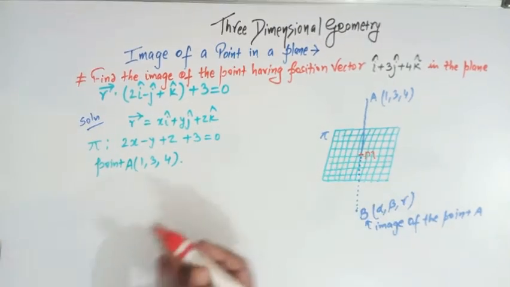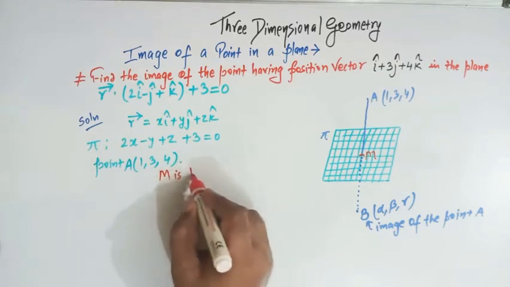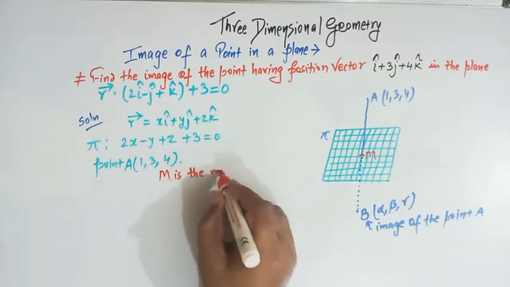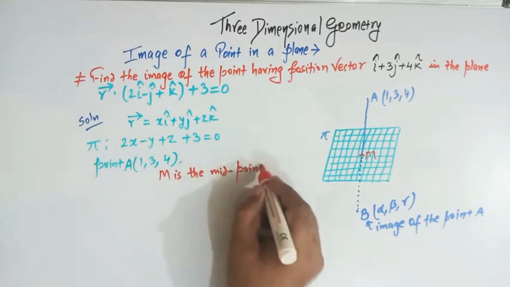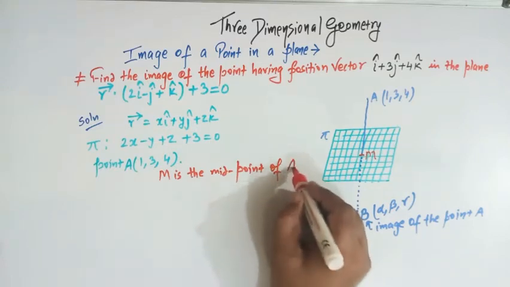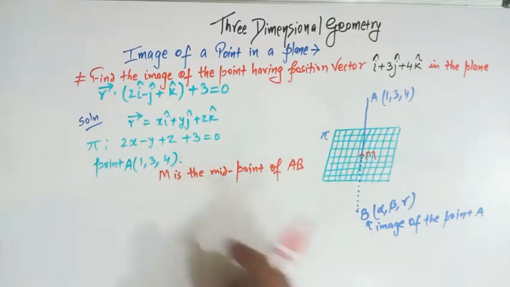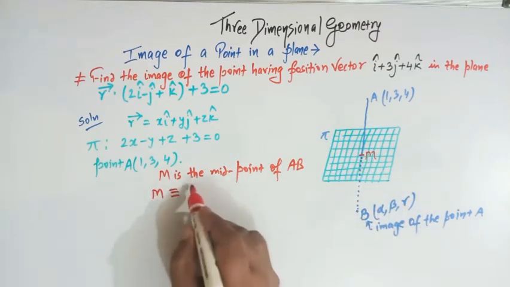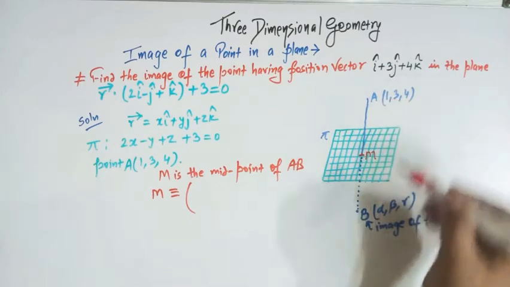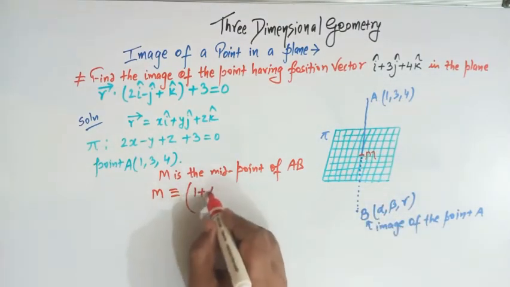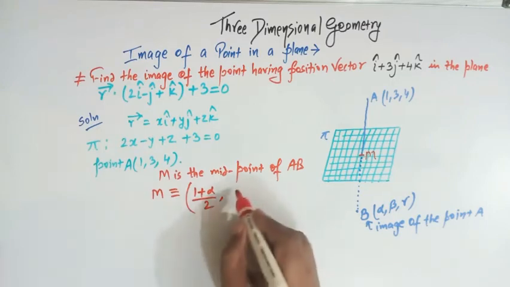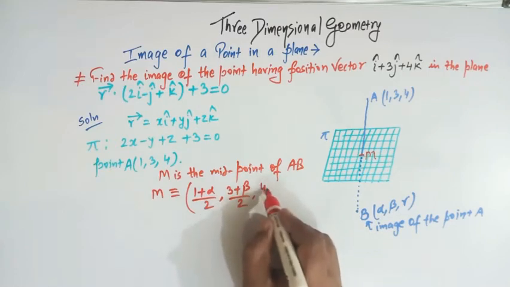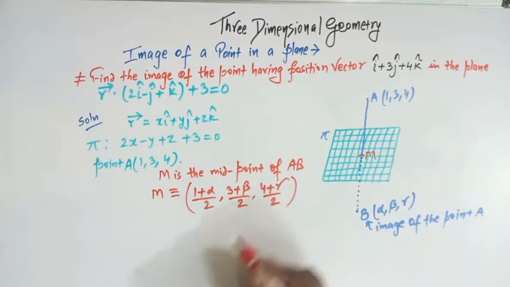Okay, now M is the midpoint of AB, right? So by midpoint formula, the coordinates of this point M can be written as: this is 1 and this is alpha, so we can write it as (1 plus alpha) divided by 2. Then we have (3 plus beta) divided by 2 and (4 plus gamma) divided by 2.